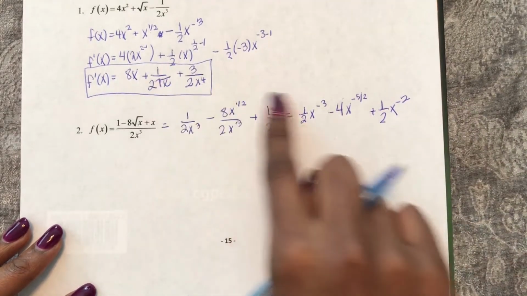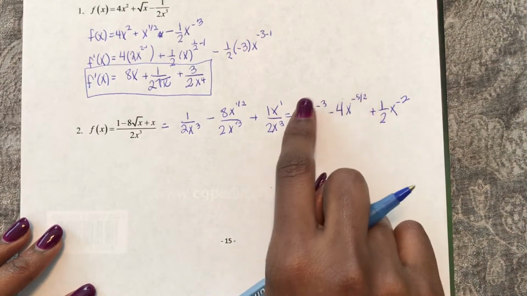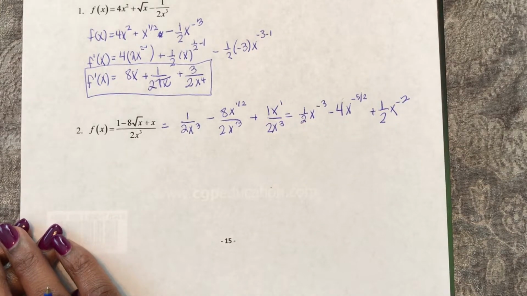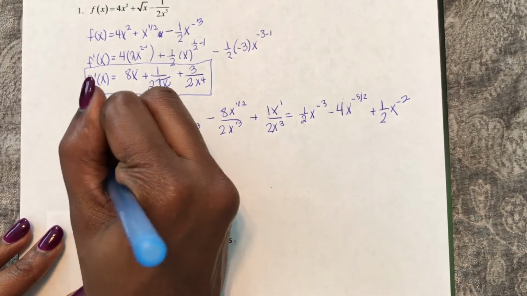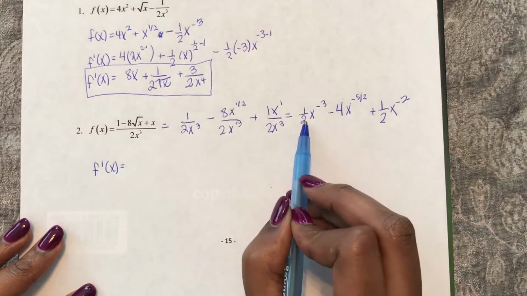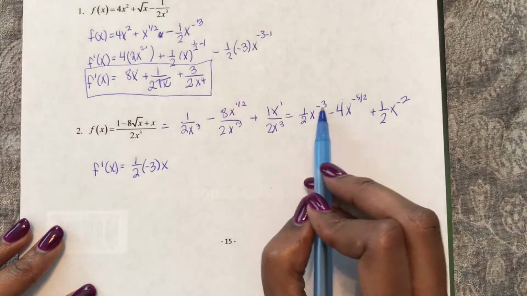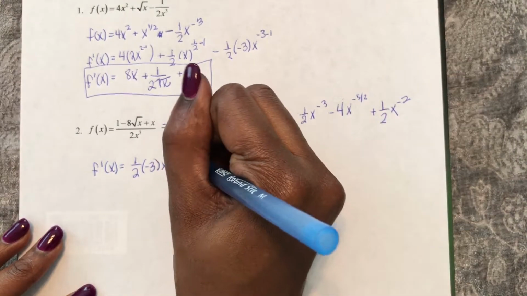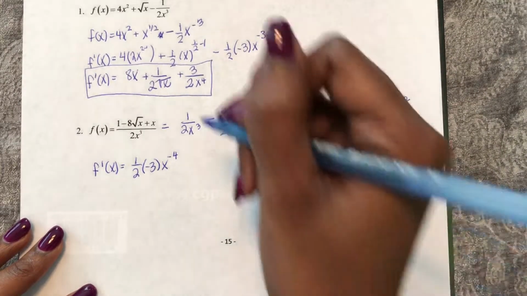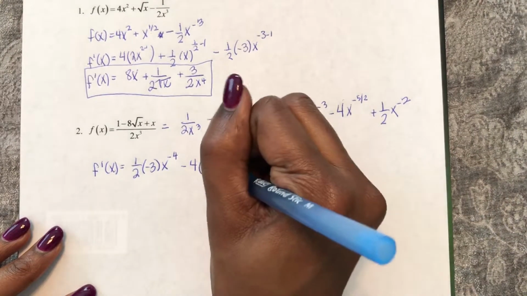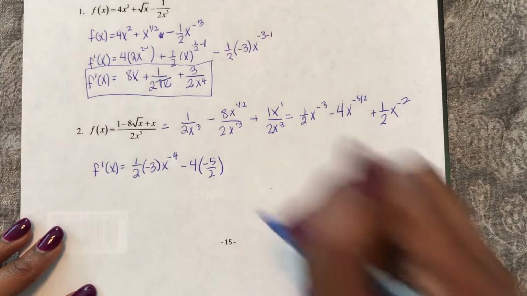Now that I've rewritten my function in this form with constants and x to some power, it's much easier to take the derivative. So f prime of x equals, for the first one, it's going to be 1/2 times -3. And -3 minus 1 is x to the -4. The next term is -4 multiplied by -5 over 2.